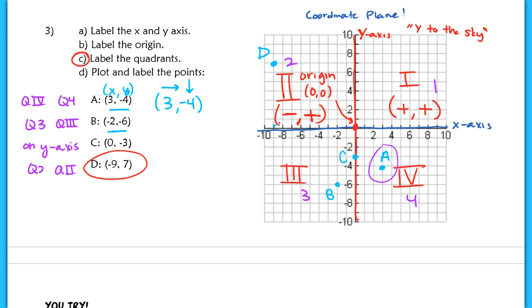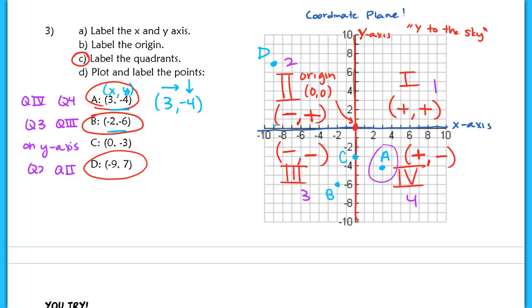In quadrant 3, like B, the x and y are both negative. And in quadrant 4, the x value is positive and the y value is negative.